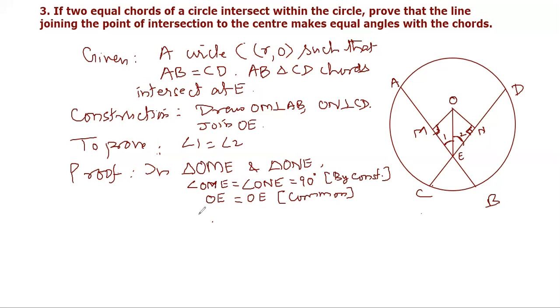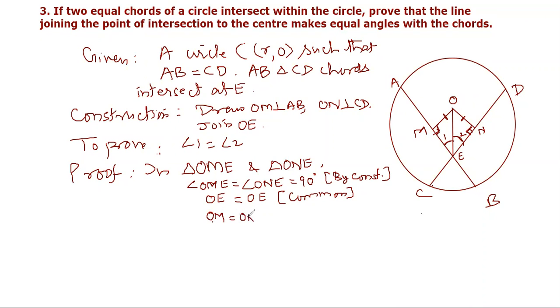So this is R and H, and one of the sides you have to show equal. OM is, not radius, sorry, OM is the perpendicular from the center to the chord. The lengths of the perpendiculars from the center to two equal chords are equal. I think I told this in the last one; you can also correct it in the previous question.